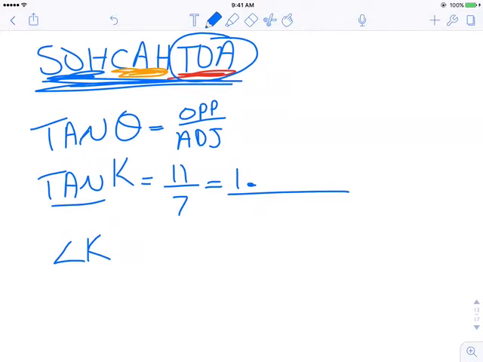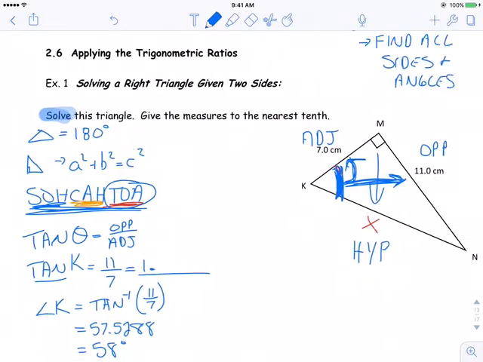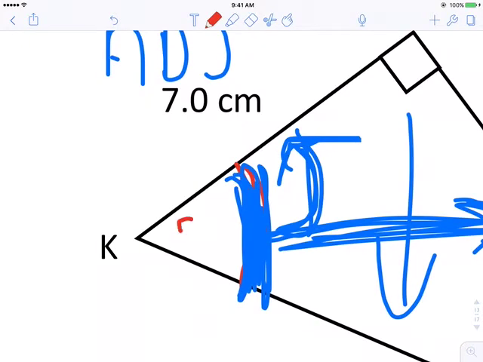The inverse function finds the angle. So I find the tangent minus 1, or the inverse tangent of 11 over 7, which works out to 57.5288 something something something, or 58 degrees. So this angle now is 58 degrees.